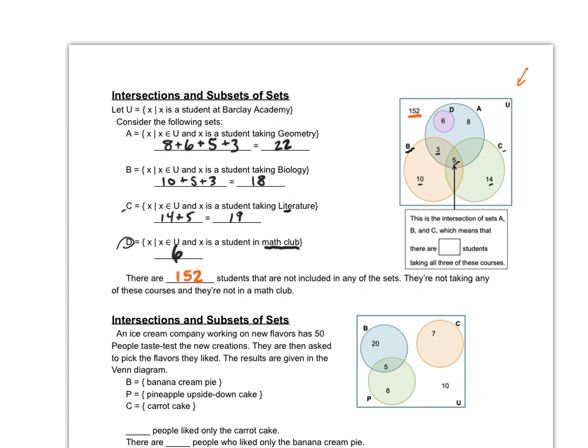And it says now, this intersection right here, this is the intersection of set A, B, and C, which means that there are blank students taking all 3 courses, which tells me there's 5 students taking geometry, biology, and literature. And that's how we would determine this information, by being able to interpret the data on our Venn diagram.